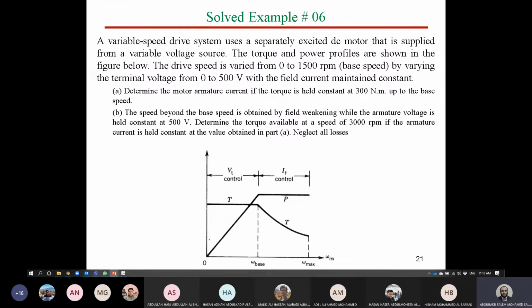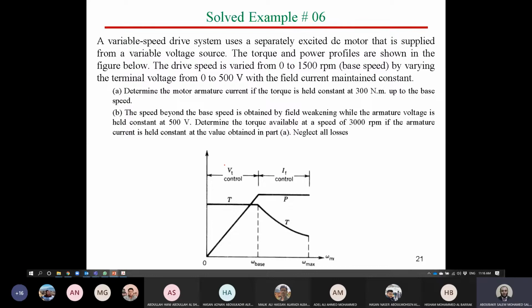So we have now a mapping between 0 to 500 volt and 0 to 1500 RPM, with the field current maintained constant. So in the first part of the control, by making voltage control, the field current will be constant.